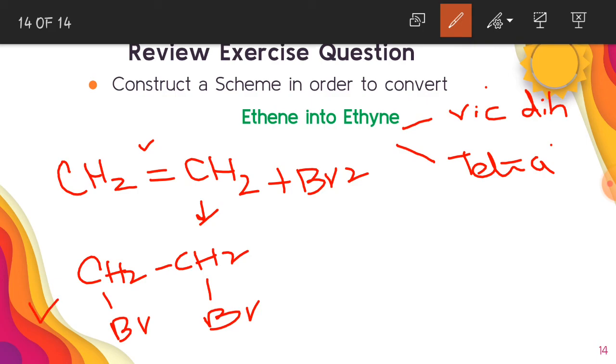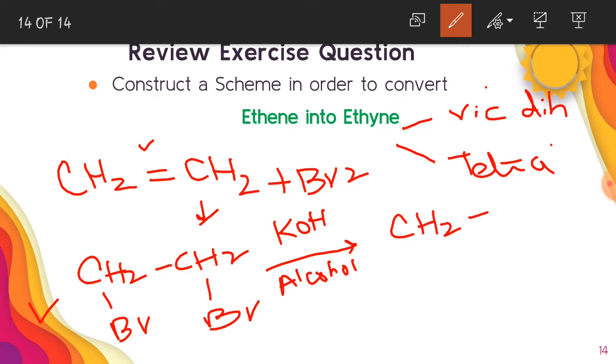Now since you have formed the vicinal dihalide, in the first step it will react with alcoholic potassium hydroxide to form this compound.